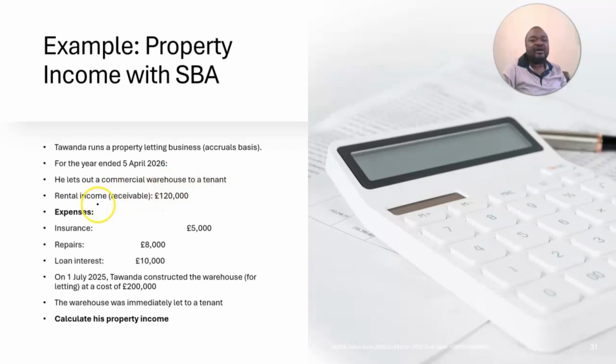The rental income receivable was 120,000. Insurance, £5,000, repairs, £8,000, loan interest, £10,000. So these are the expenses. On 1 July 2025, Tawanda constructed the warehouse for letting at a cost of £200,000. The warehouse was immediately let to a tenant.